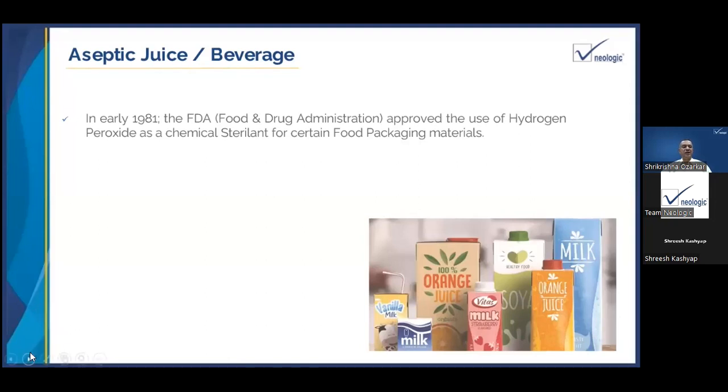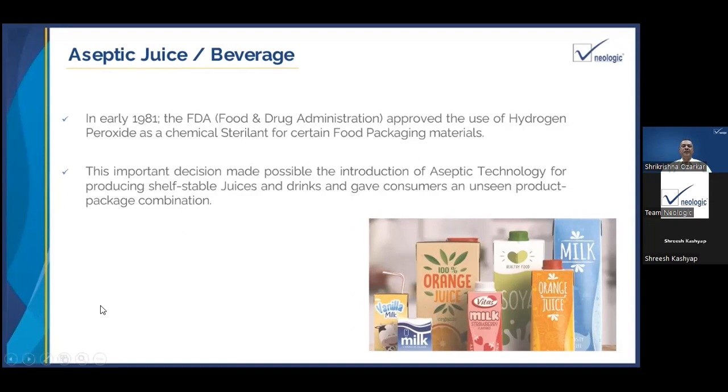This is how it started evolving. This decision made it possible to introduce aseptic technology, producing shelf-stable juices and beverages that gave consumers an unseen product-package combination. The package as well as the product were both different from what was available at that time, so that was an unmatched combination for that start.